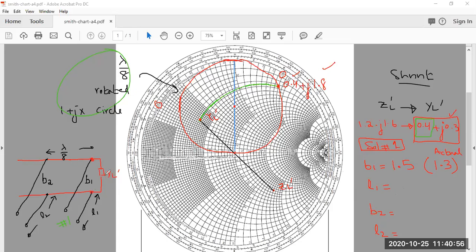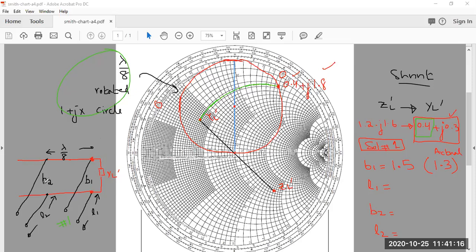So what we have done so far is transform the load impedance into load admittance. We have included the effect of stub number one, and now B1 is added to YL dash, and we are sitting right over there.